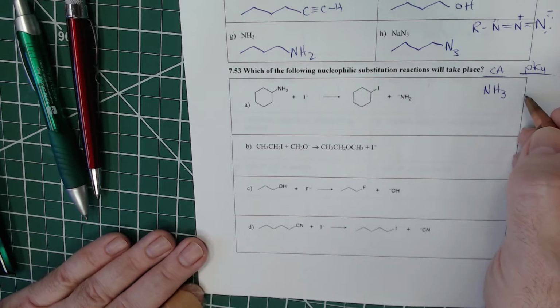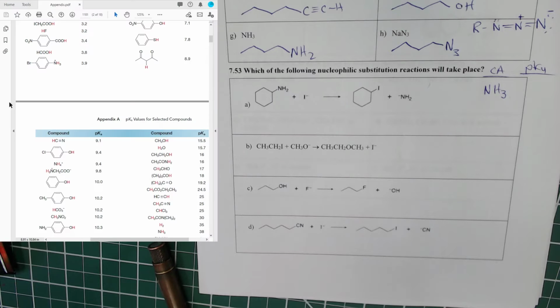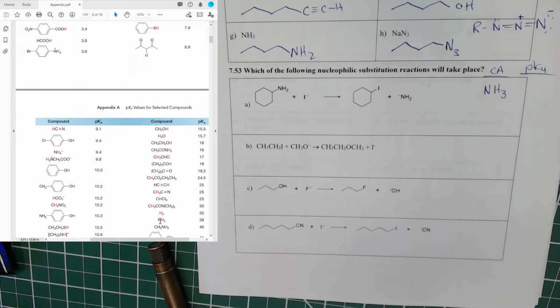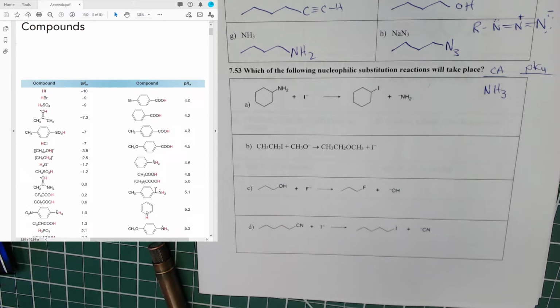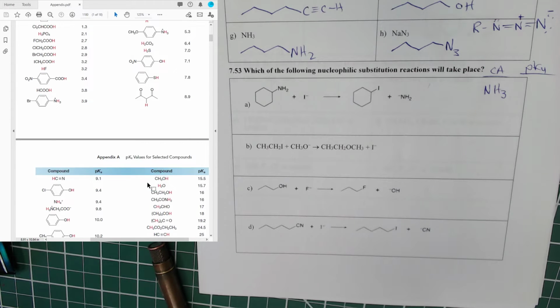The pKa of NH3, I'm going to bring up this document. All right, so we'll scroll down here, and there is NH3. This is in the appendix that I've posted on eCampus.